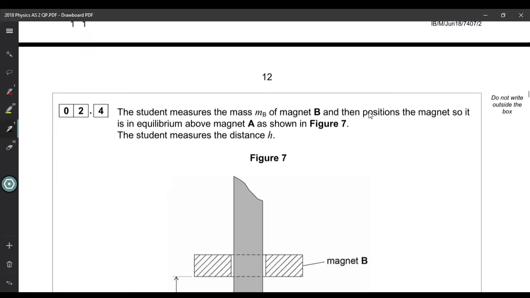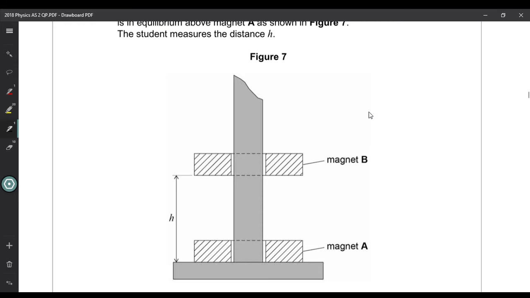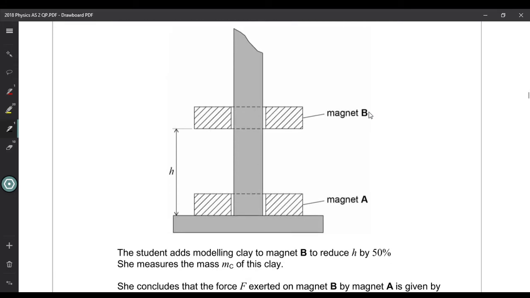Okay, so it says the student measures the mass MB of magnet B and then positions the magnet so that it is in equilibrium above magnet A as shown. And the student measures the distance h. The student adds modelling clay to magnet B to reduce h by 50%. She measures the mass of clay, which is MC.